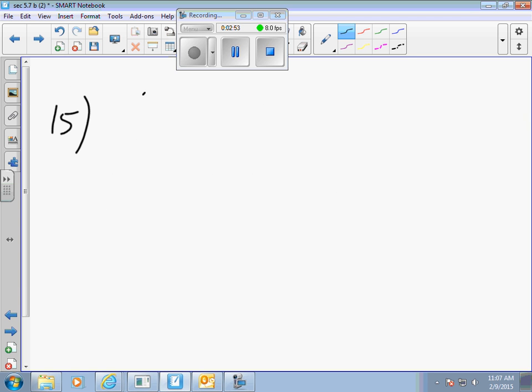We have 64x squared minus 100. In this one, it's kind of tempting to start with the square root of the first term and the square root of the last term, but the very first thing that we always check for anytime we factor is greatest common factor.